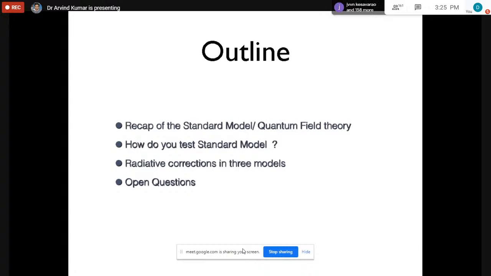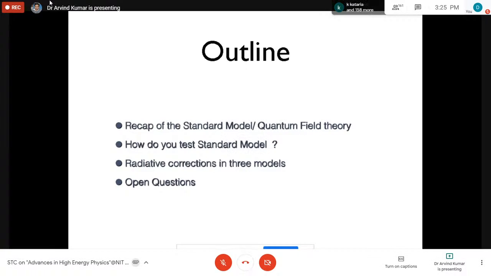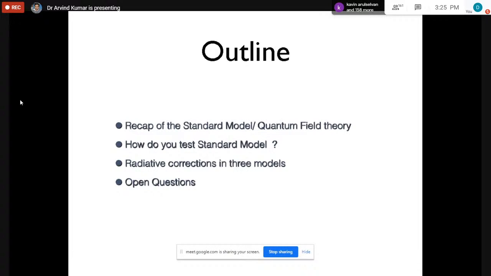I actually wanted to talk about radiative corrections in all the three models, QCD, the standard model, as well as QED, but I think I'll only have to talk about only one of them. So I'll talk about one of these things, and along with them, I'll mention some open questions in this direction.